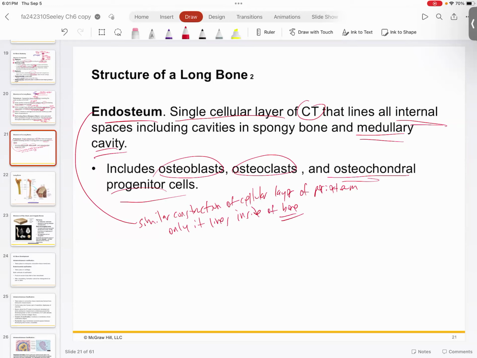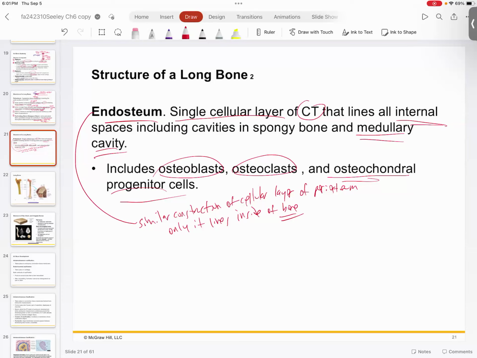Think about it. This makes a lot of sense. So not only do you have a collagenous connective tissue outer layer of the periosteum weaving together with the collagen of the tendons and the ligaments, but you have a cellular layer of the periosteum that's able to lay down circumferential lamellae on the outer portion of the bony matrix.